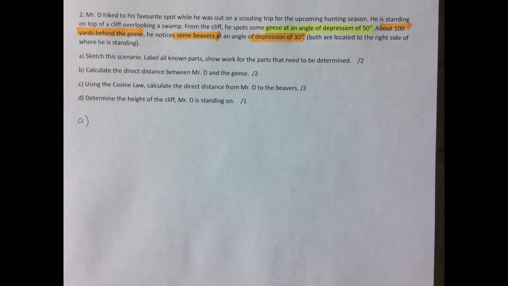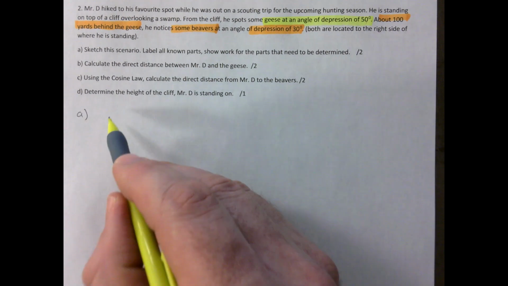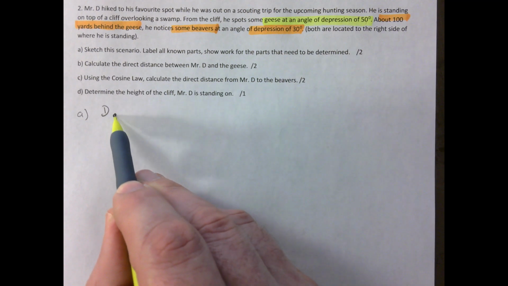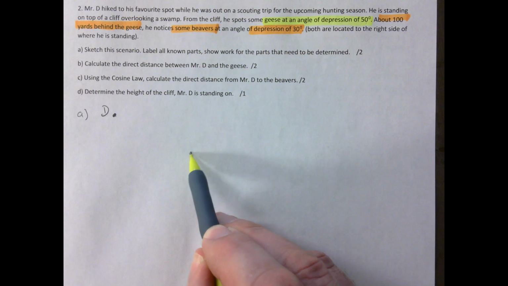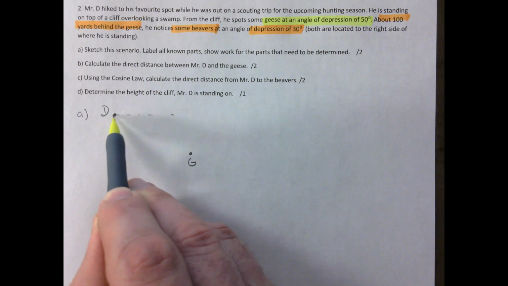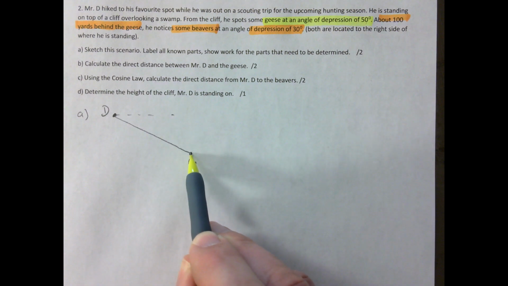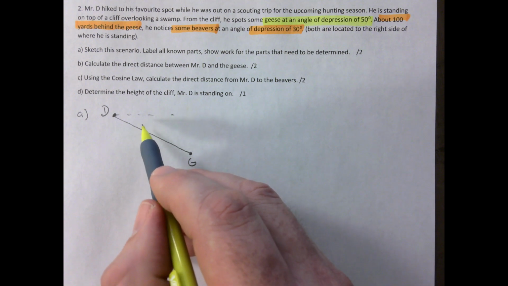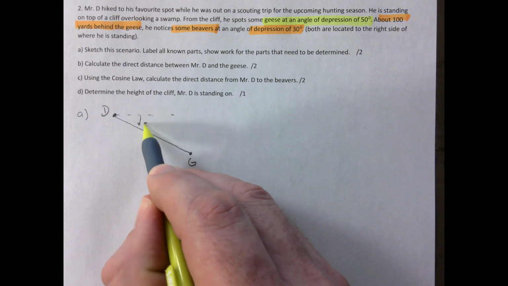Angle of depression, we're looking down for sure. So let's imagine this is me, overlooking, and I'm looking at some geese here. I have my horizontal and the line of sight going here. That is 50 right there. This is supposed to be 50 degrees.